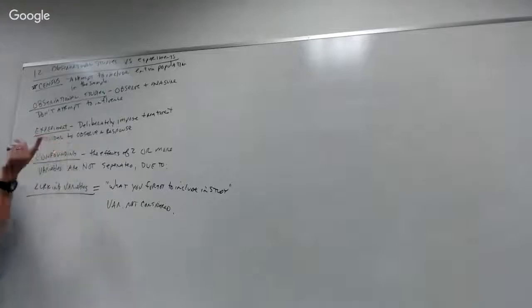So a lot of people think experiments are the best ways to do a study, because I can say, oh, well, the only difference here between the non-smokers and the smokers is the cigarettes. Okay? But it's not really ethical for me to impose smoking on half of you, for example.